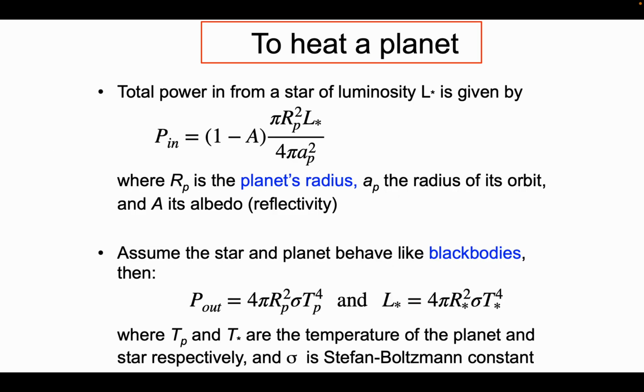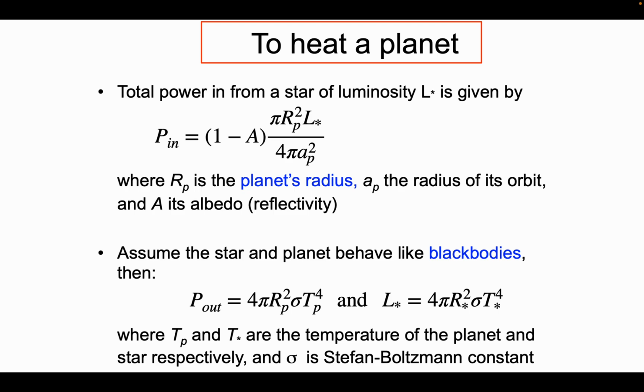To heat a planet, if the total power falling from the star is luminosity L star, the total power can be written as a function of the planet's radius, the orbit of the planet around the star, and the albedo.